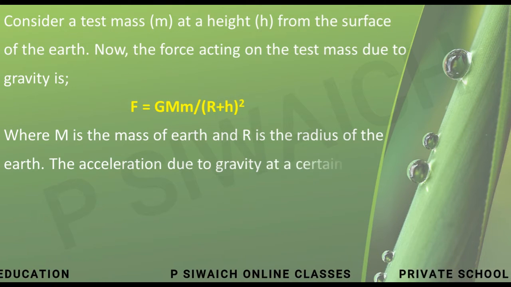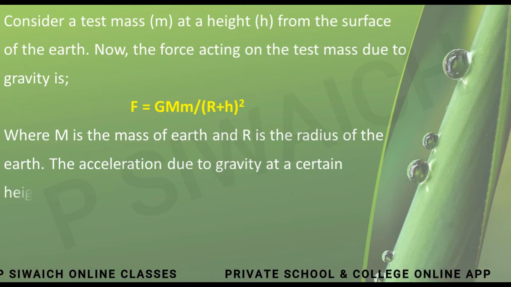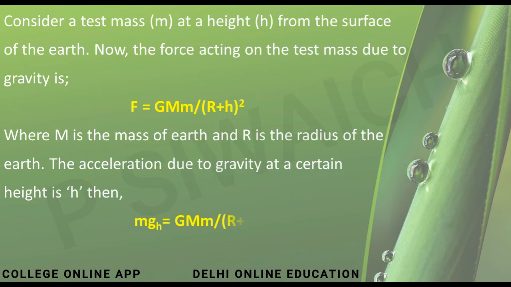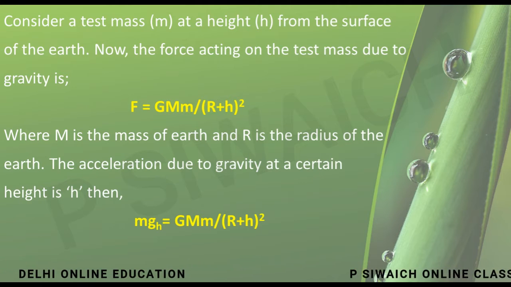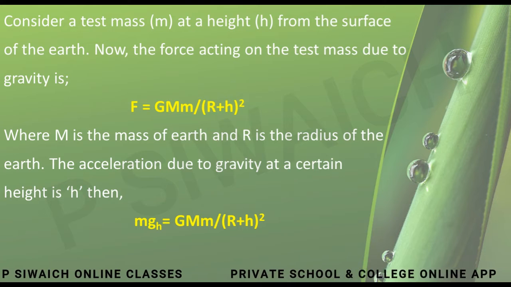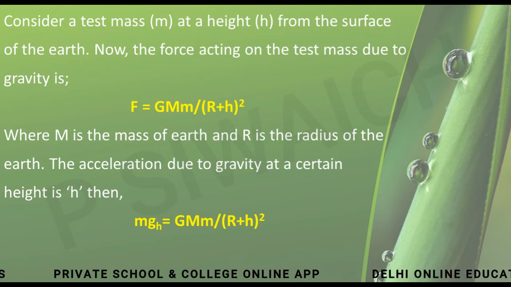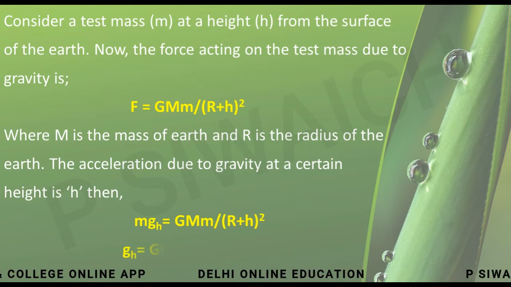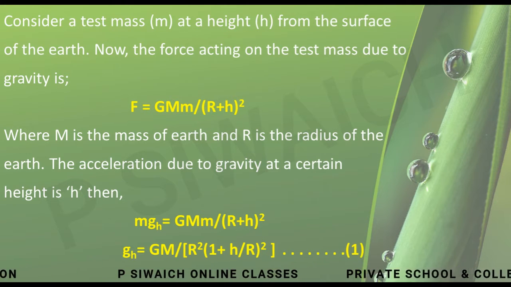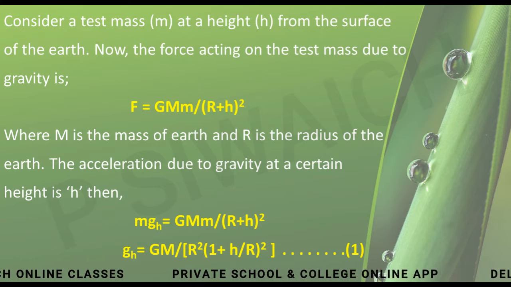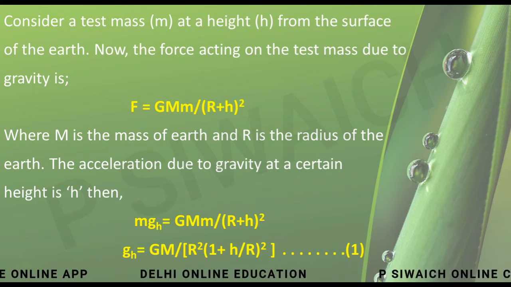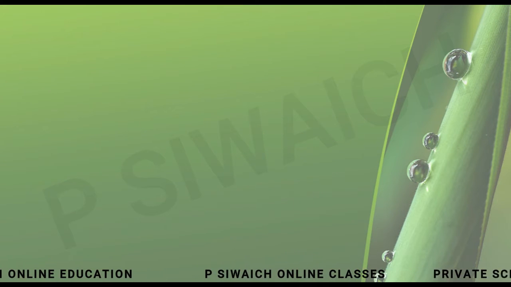The acceleration due to gravity at a certain height is g_h. Then m g_h equals G M m over (R plus h) whole squared. So g_h equals G M over R squared into (1 plus h over R) to the power minus 2, that is equation 1.